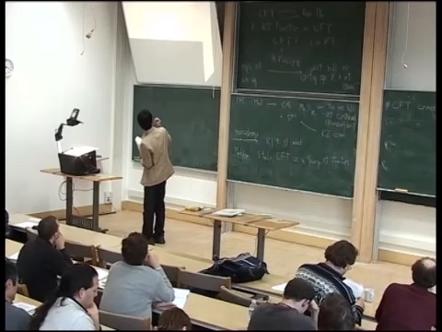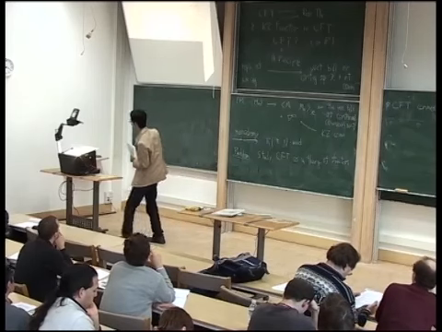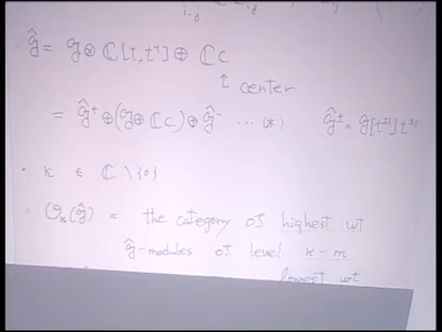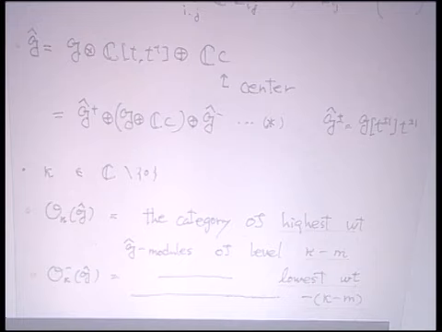And highest weight module means highest weight module with respect to this triangular decomposition. So in particular, g_plus acts locally nilpotently. And also we prepare the lowest weight version. So we have minus level.